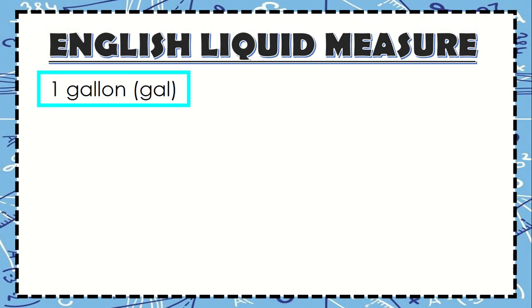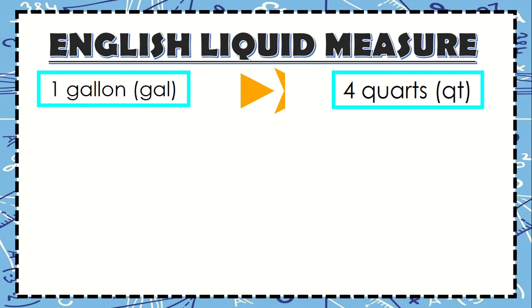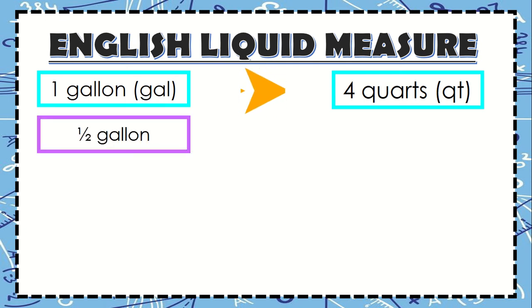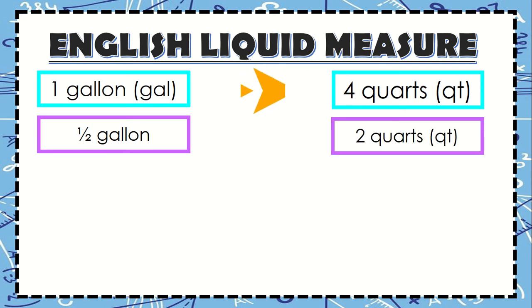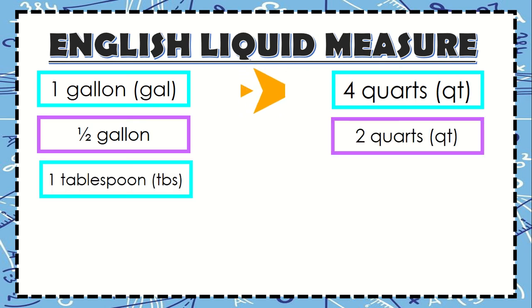Next, we have here gallon. 1 gallon is equivalent to 4 quarts. So, ginagamit natin itong gallon kapag bumibili tayo ng mga mantika or ng mga tubig, pwede rin yung gas at iba pa. Next, if we have here 1/2 gallon, therefore we have 2 quarts in equivalent.